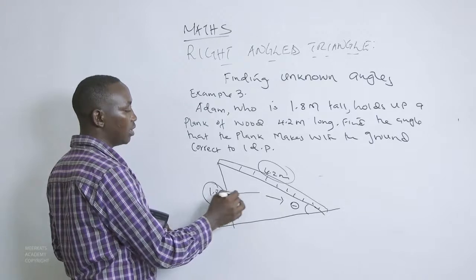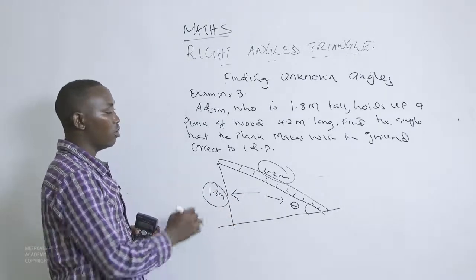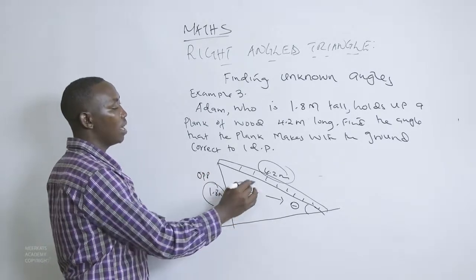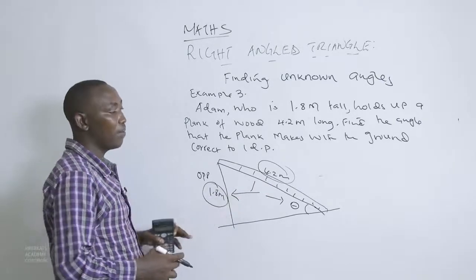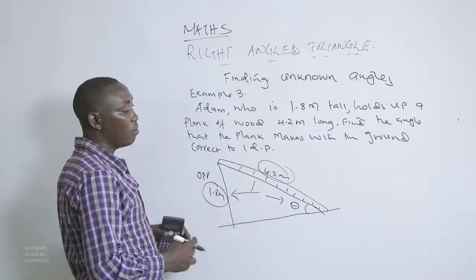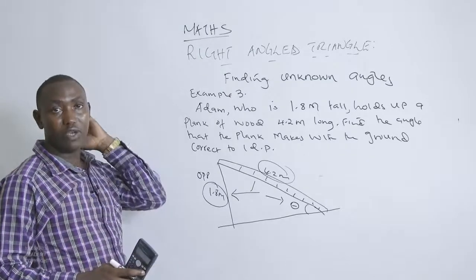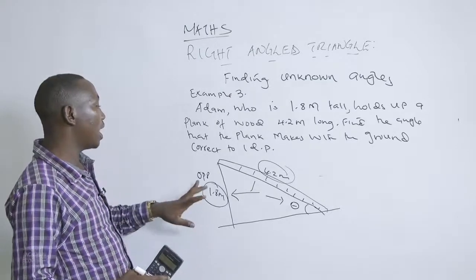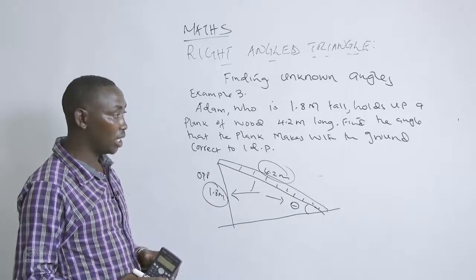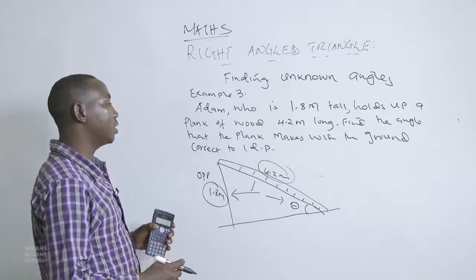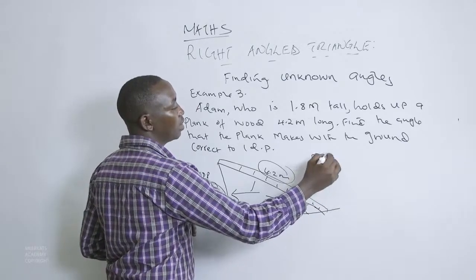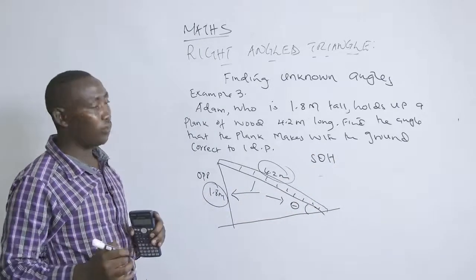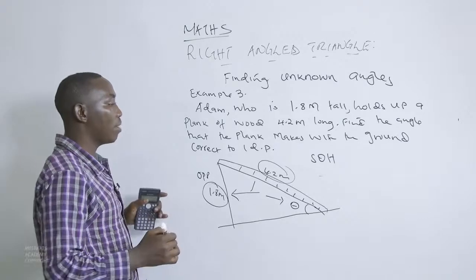Now, in this case, 1.8 meters is the opposite to the angle, and 4.2 is the hypotenuse of this particular triangle, and therefore we are supposed to make use of a trigonometric ratio which has opposite and hypotenuse. In that particular case, we are going to use sine, which is opposite over hypotenuse.